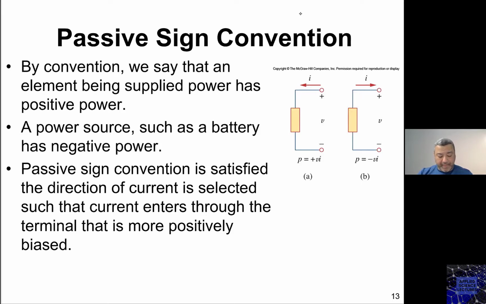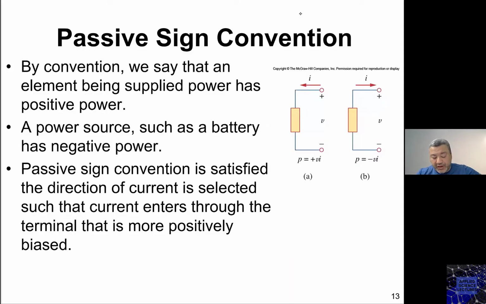For example, a battery is a component that supplies energy or power. A resistor is a component that absorbs energy or power. Now, the convention that we'll be using to distinguish which one is supplying and which one is absorbing is the sign.